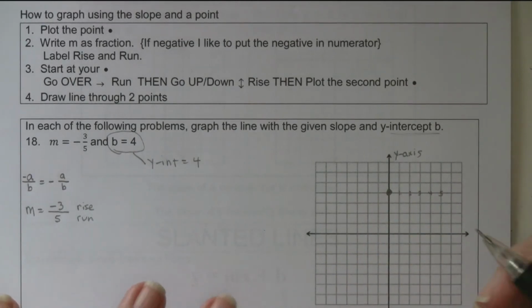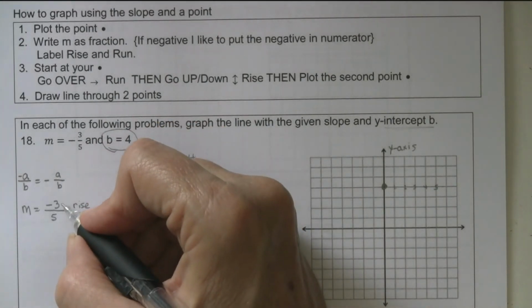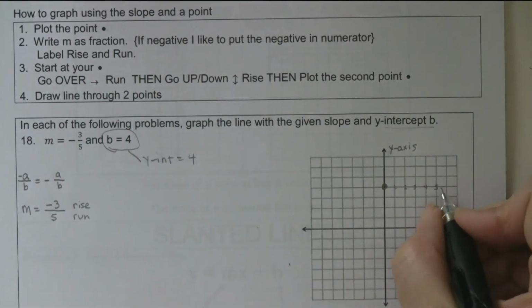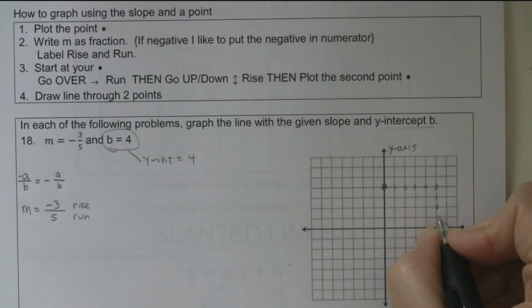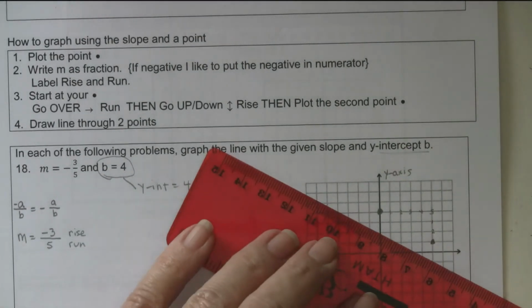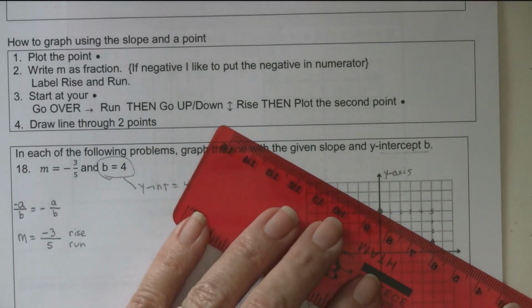And then my rise is negative, so that means go down. The run meant go in the positive direction. So I'm going to go down 1 because it's negative, 2, 3. And that's where my next dot is going to be, right there on the 3. Now I have 2 points on my line, and I can draw my line.